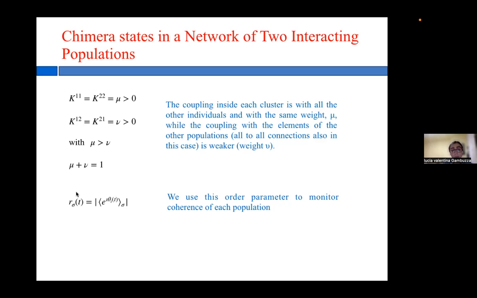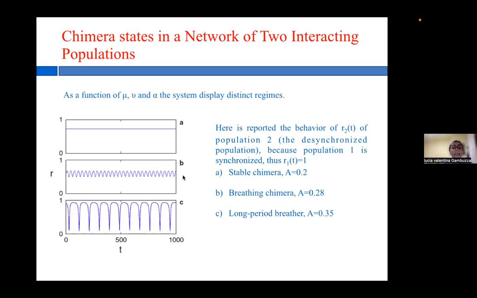And thanks to this order parameter, we are able to monitor the coherence of the units inside each population. Here I have reported just one example of this type of chimera state. In particular, the units in population 1 reach global synchronization.